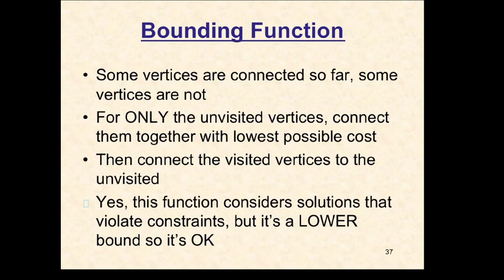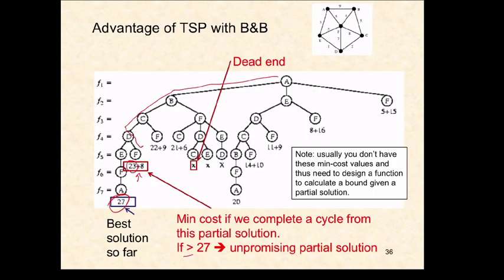For the ones where I don't really know what the path is, I want an estimate on the unvisited vertices, and I want that estimate to be the lowest cost possible. Now let's go back to why that has to be the lowest cost possible.